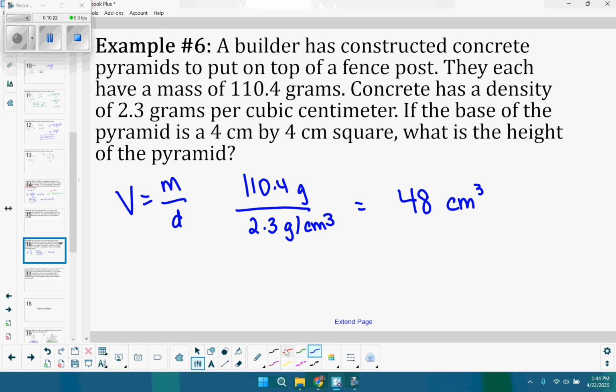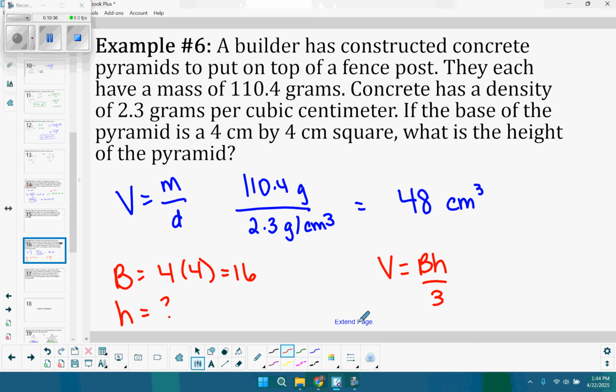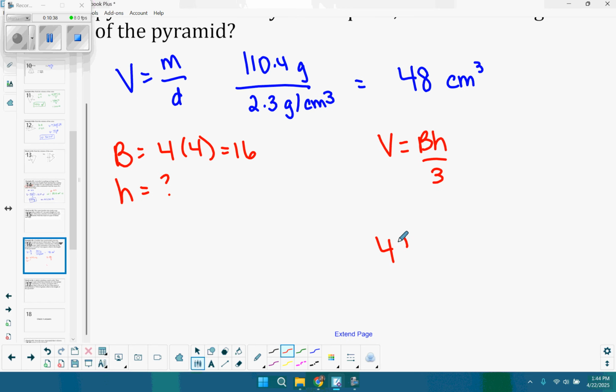The base was a 4 centimeter by 4 centimeter square. So the area of that would be 4 by 4 or 16. And again, we don't know what the height is. So if volume equals BH over 3, then 48 equals 16 times H over 3. Dividing by 16 over H doesn't work, so we're definitely going to want to multiply by 3 on both sides.